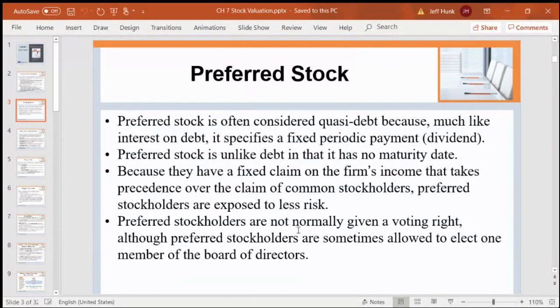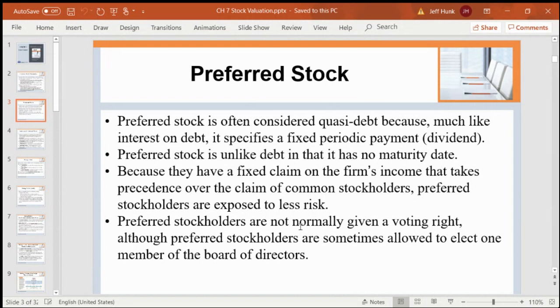And it's less risky than common stock. Why? Because common stocks cannot pay any dividend before it pays dividend to the preferred shareholders. So as I said, if the company didn't make any profit or even made a loss, there's no way to pay out dividends.